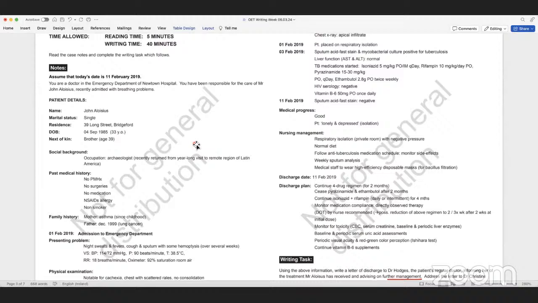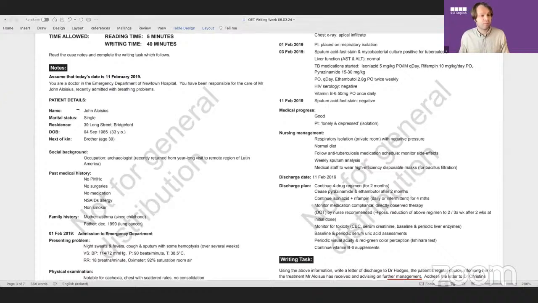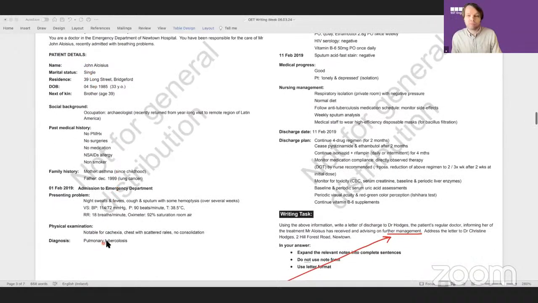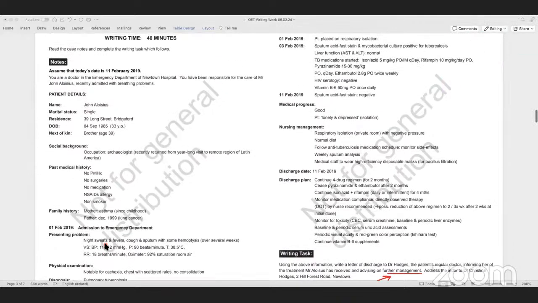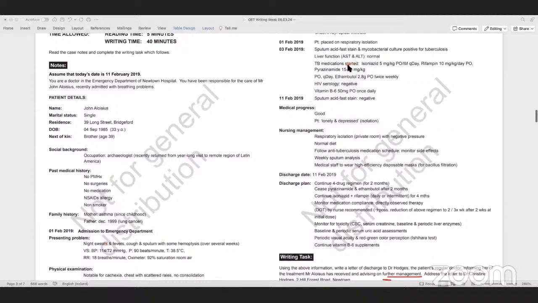Hello. Can you summarize this case from yesterday, please? What's the situation? The name is John Aloysius. First, he came to the ED with signs and symptoms of tuberculosis on 1st of February. After that, on 3rd of February, the result came and it's confirmed he has pulmonary tuberculosis.